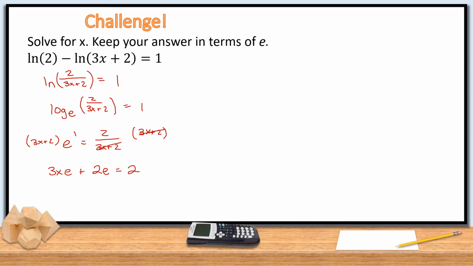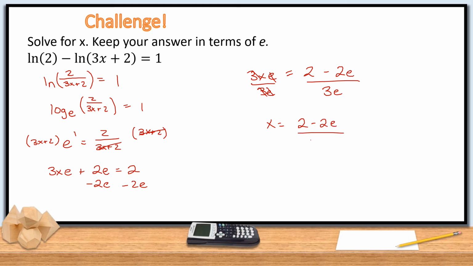We want x on its own, so we can subtract 2e from both sides. So we'll get 3xe is equal to 2 minus 2e. And then to get x on its own, divide by 3e on both sides. So our final answer: x is equal to 2 minus 2e all over 3e.